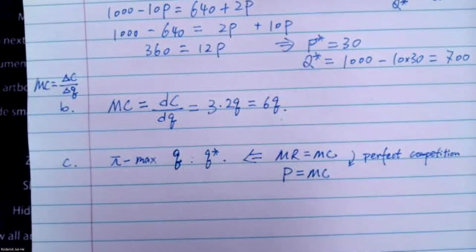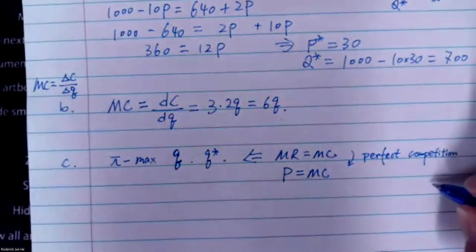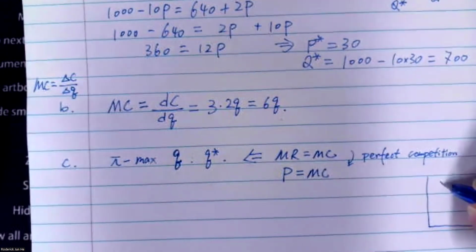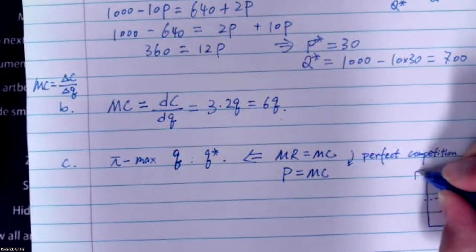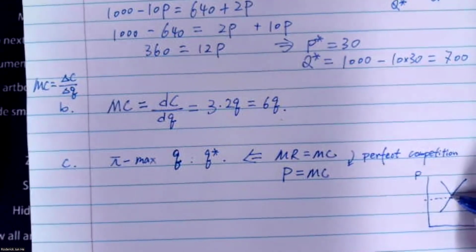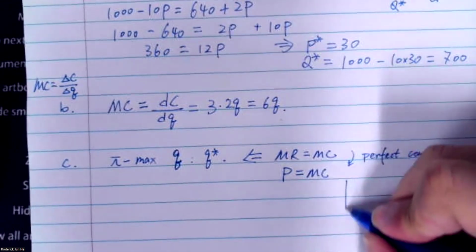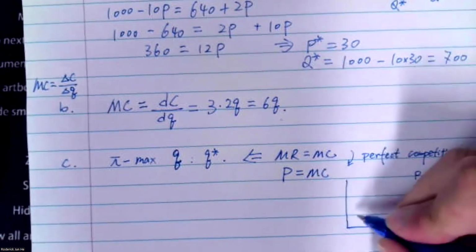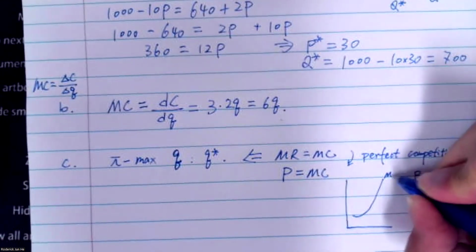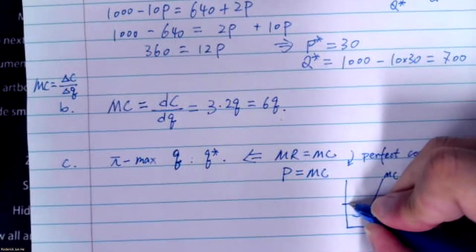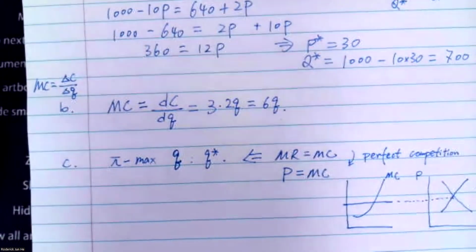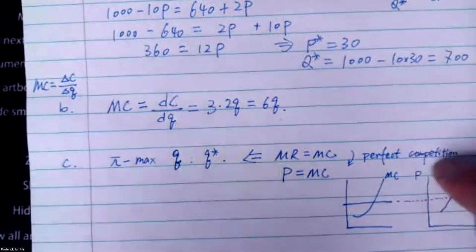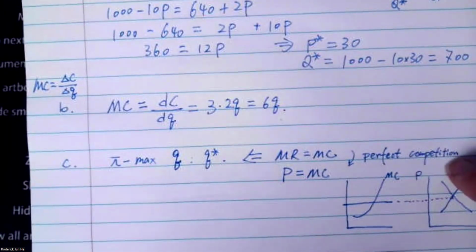In the graph, we have a market, and there is a market equilibrium price. Then for each individual firm, we have its marginal cost, and they take this price as given, because firms in perfect competition are price takers.